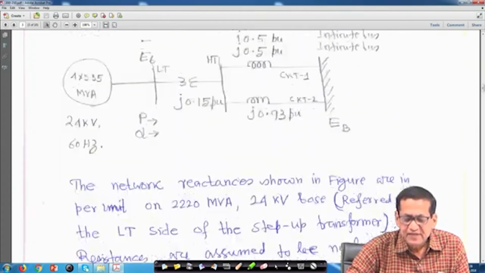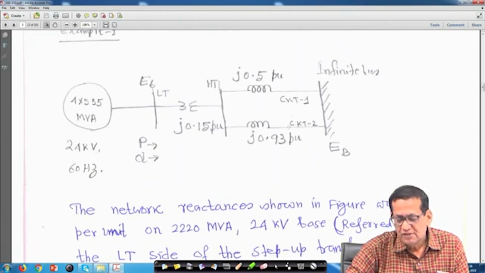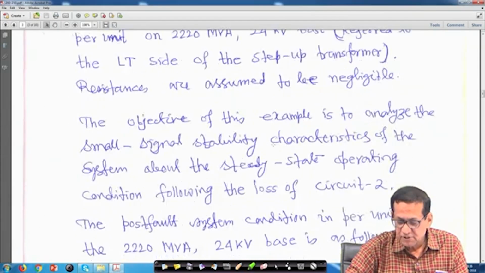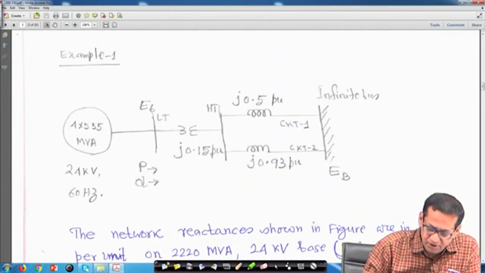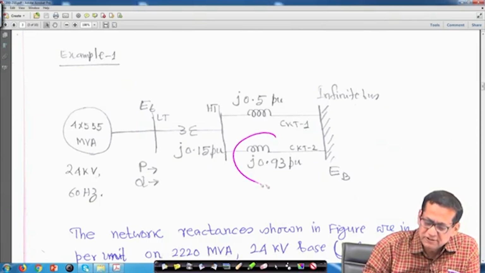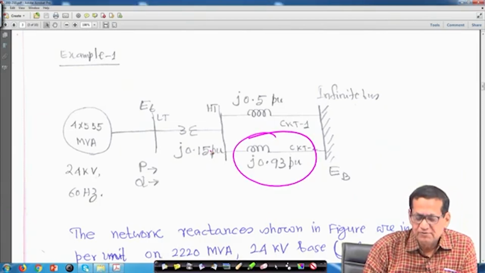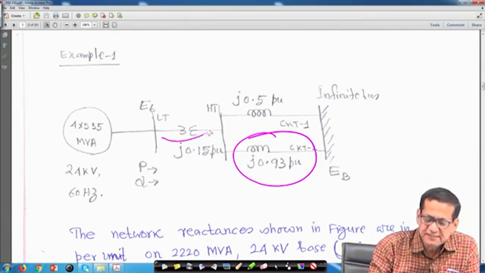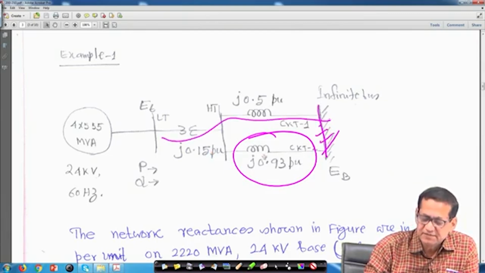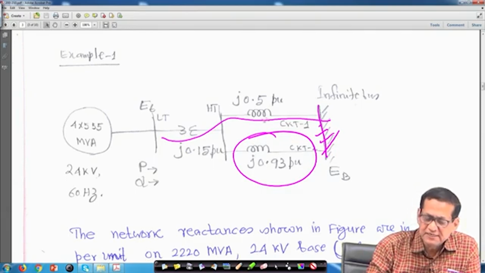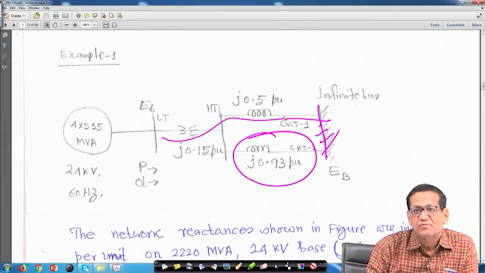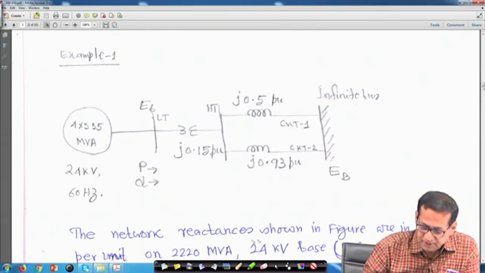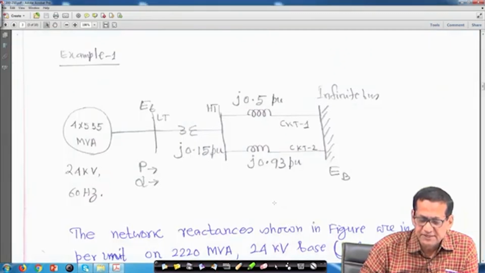Suppose there is a fault and this circuit is out, so this circuit will not be there. The circuit is like this, and this is the infinite bus. Therefore, the total reactance of the circuit will be 0.5 plus 0.15, so J 0.65. This equivalent diagram is given.